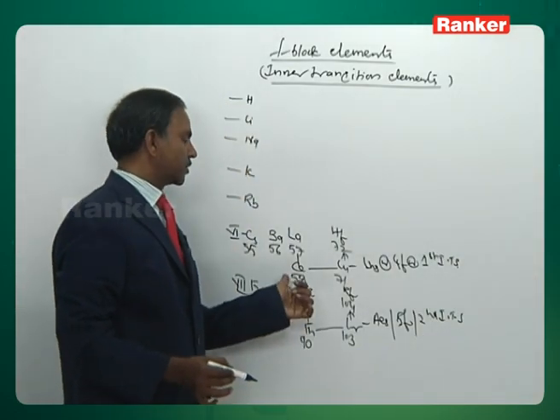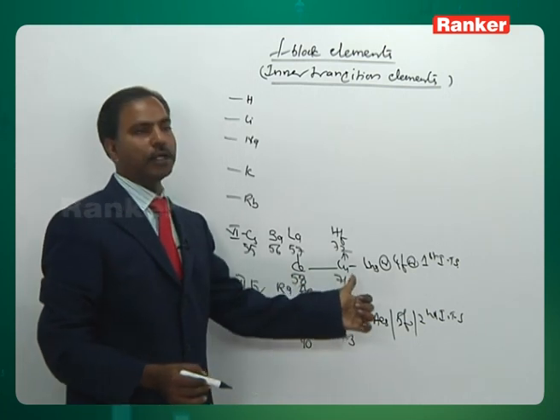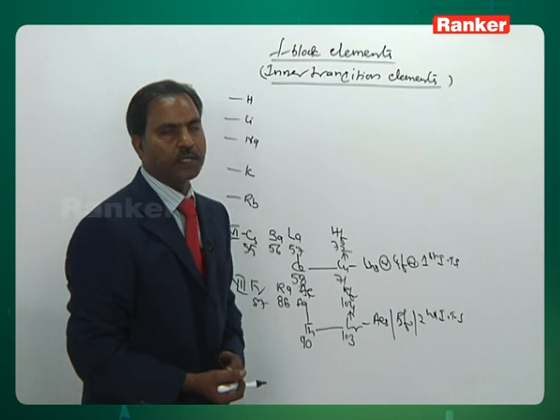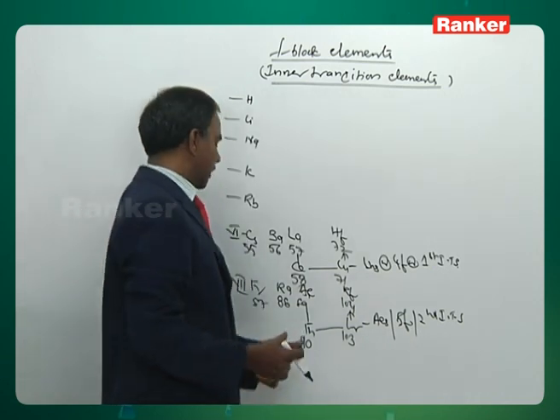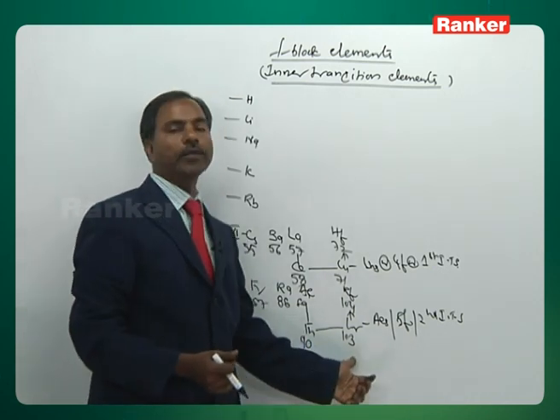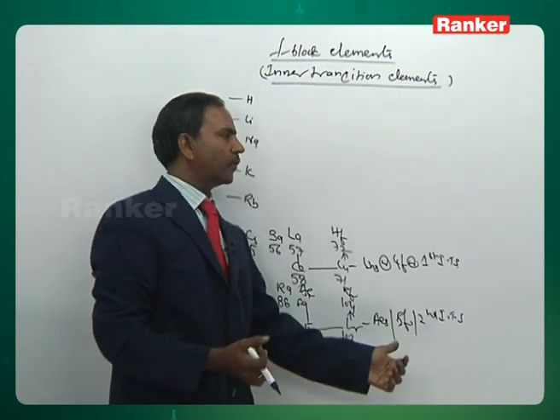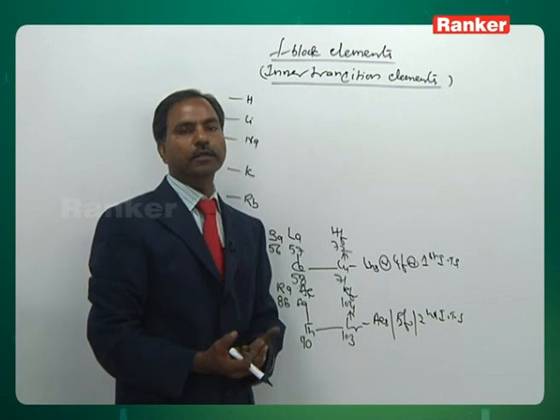Like this, the first series is cerium 58 to lutetium 71. These are lanthanides, 4F series, first inner transition series. The second series, thorium to lawrencium 103, are actinides, 5F series and second inner transition series.